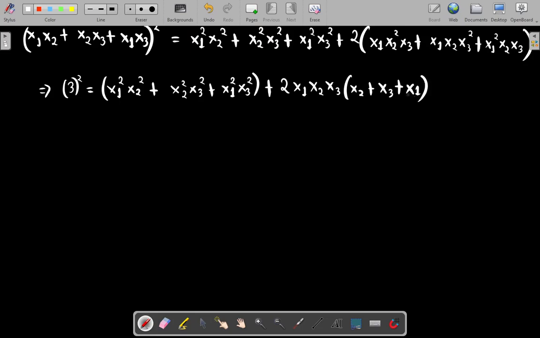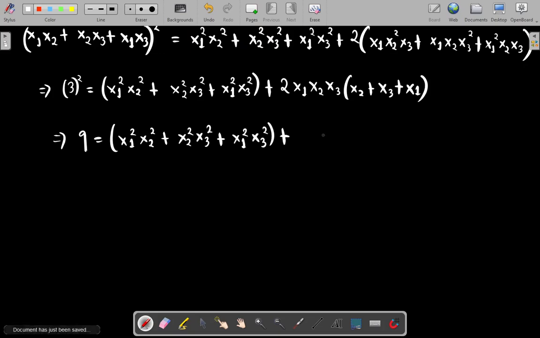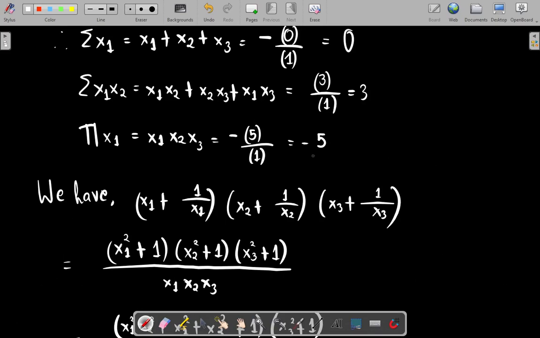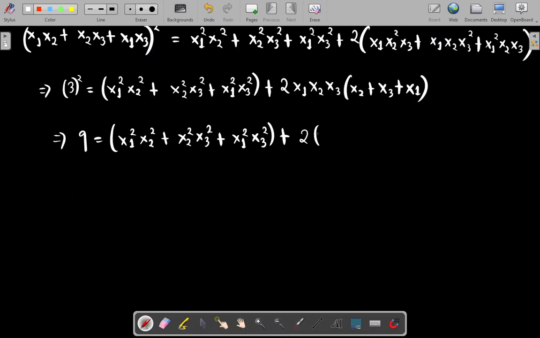So this becomes 9 equal to x1 square x2 square plus x2 square x3 square plus x1 square x3 square plus 2 times x1 x2 x3, which is minus 5, times x1 plus x2 plus x3.